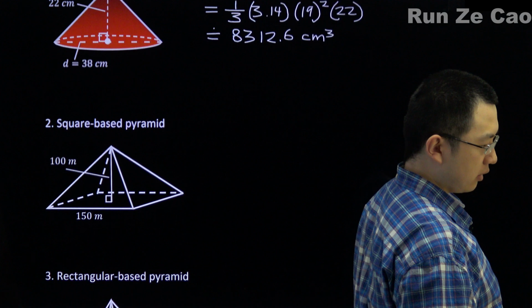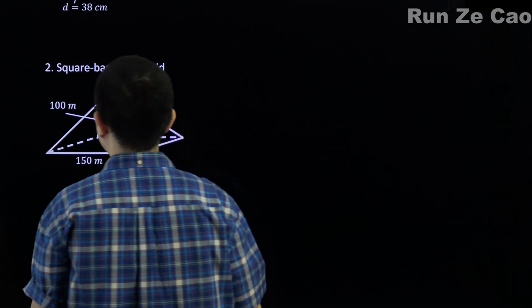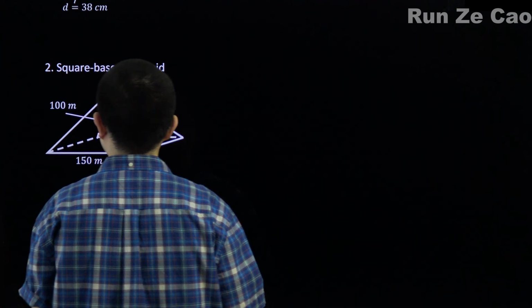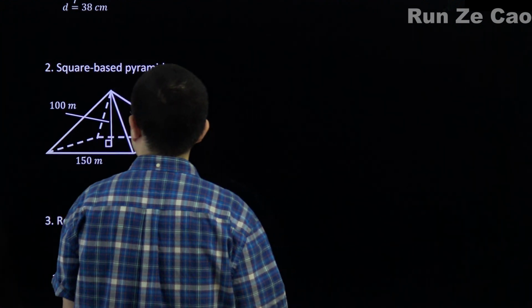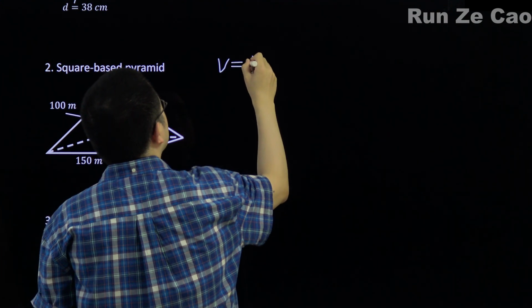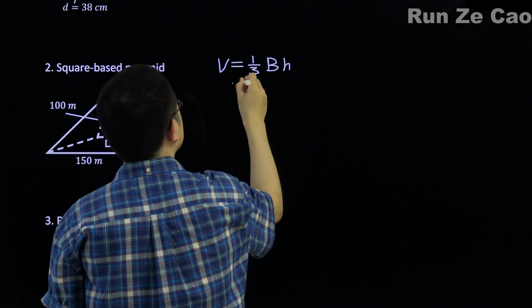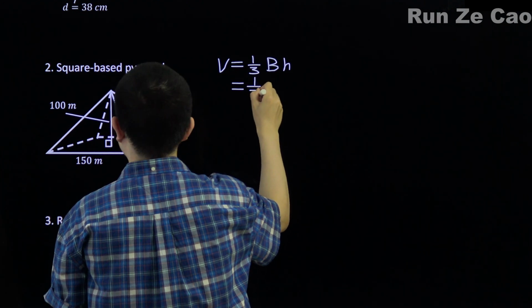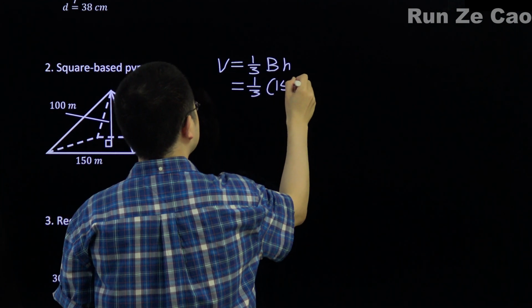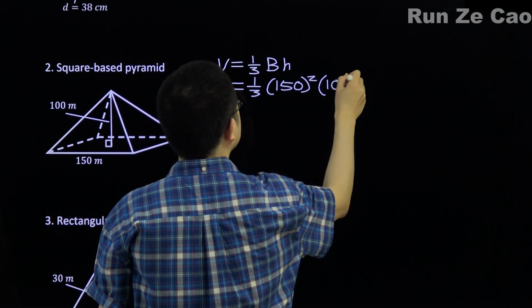Now a square-based pyramid that's 100 meters tall and 150 meters on one of the sides of the base. Volume is equal to 1/3 base area times height, and that's going to be 1/3 of 150 squared times the height of 100.